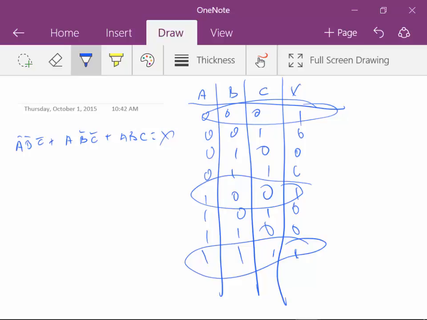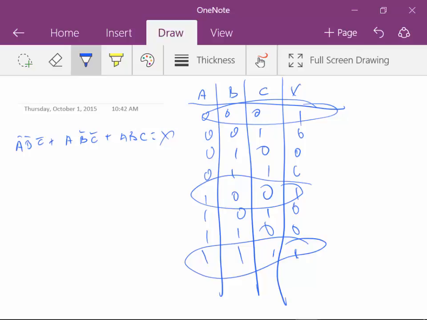So it's very easy to work with the sum of products, and that's why people tend to look at it that way.